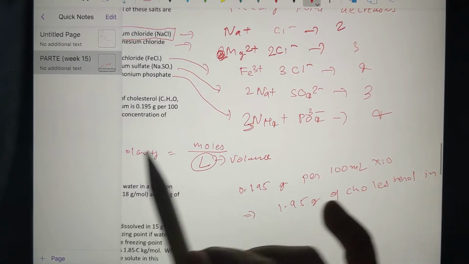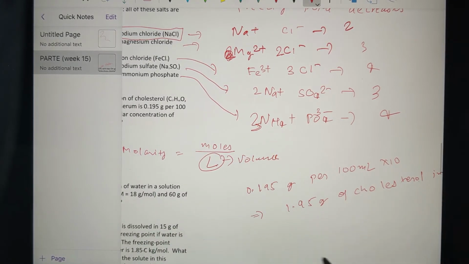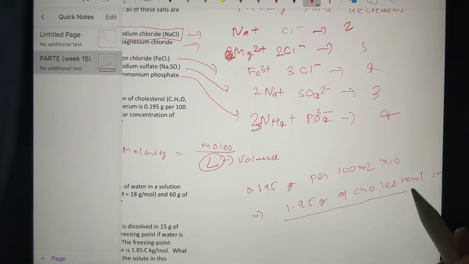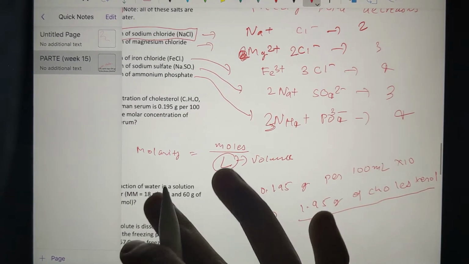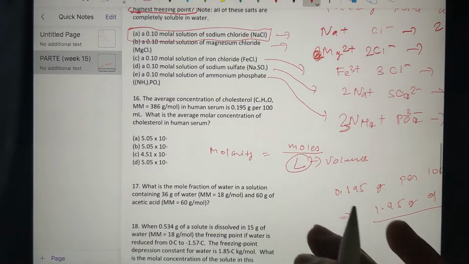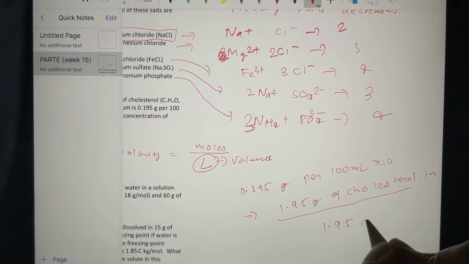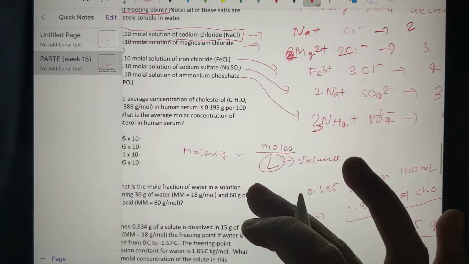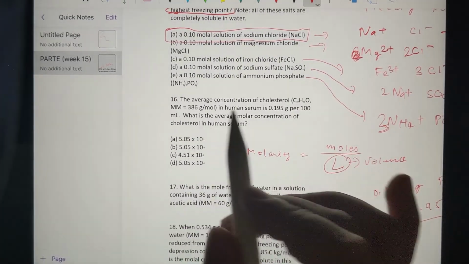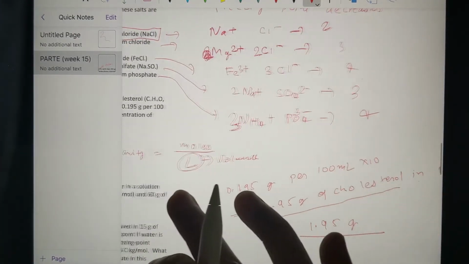So your molarity is the number of moles in 1 liter. So you're going to find out from here the number of moles of cholesterol. To calculate the number of moles of cholesterol, you're going to divide this 1.95 grams by the molar mass of cholesterol, which is here 386 gram per mole.